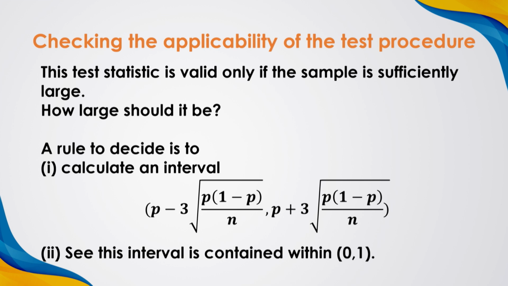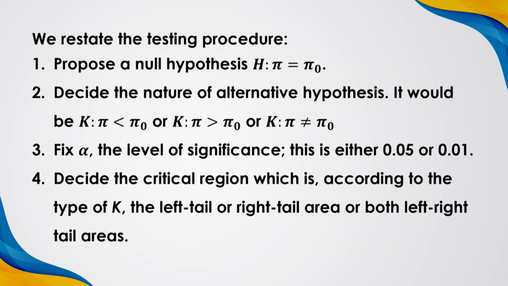How large should it be? A rule to decide is to calculate an interval. This is very simple to compute because it involves only the sample proportion p, and after computing this, check whether this interval is completely contained within the interval 0, 1.